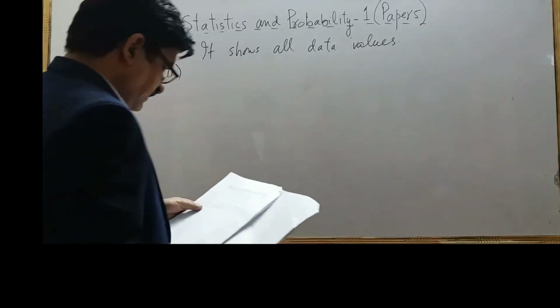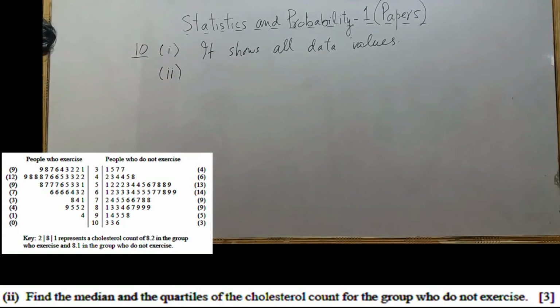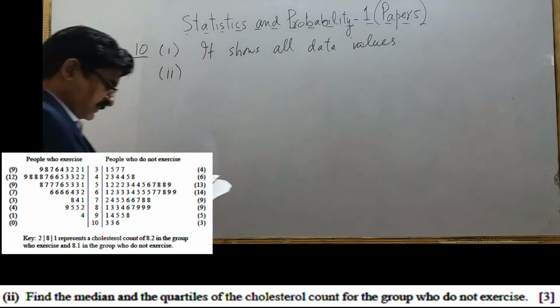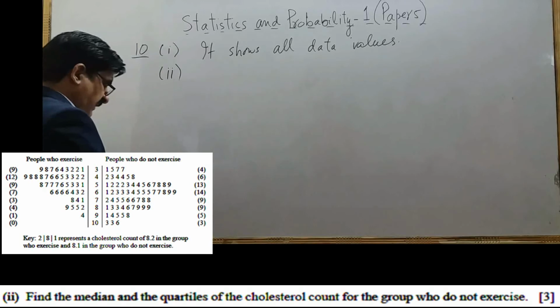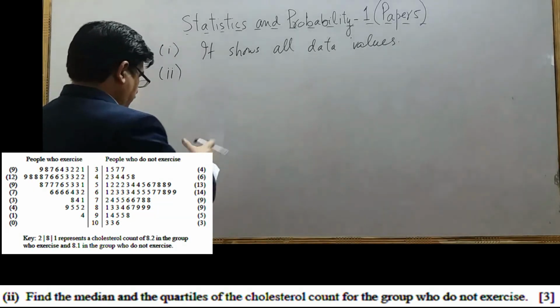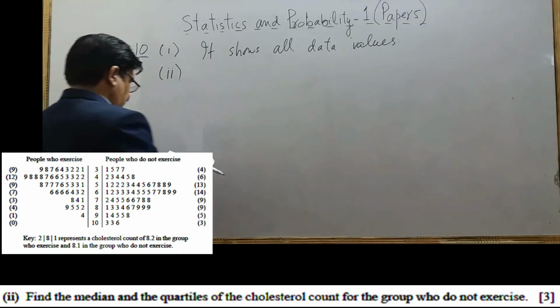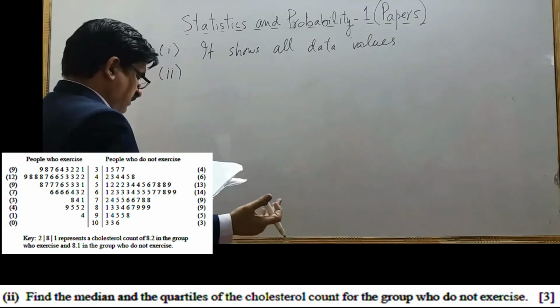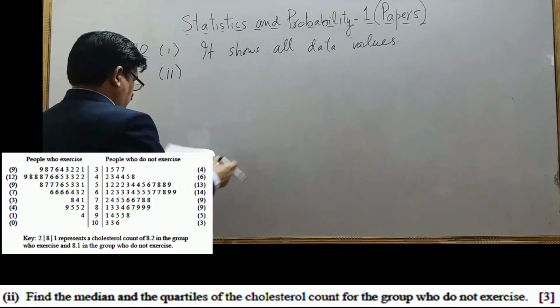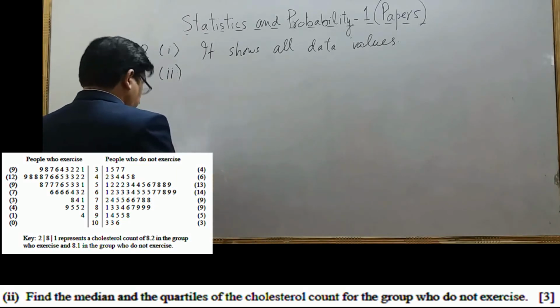And the second part is to find the median and quartiles of cholesterol count for the group who do not exercise. So for those who do not exercise, from the table you can find the values. You find yourself because it's already arranged. So from the table you can find the median.